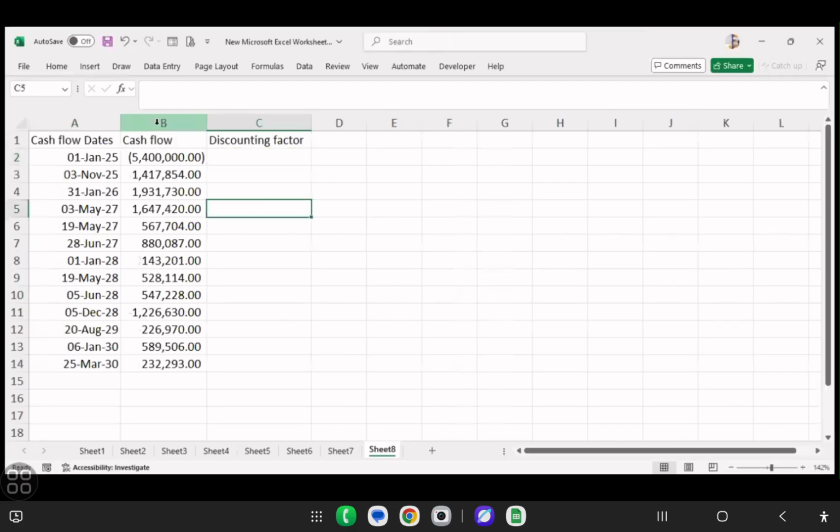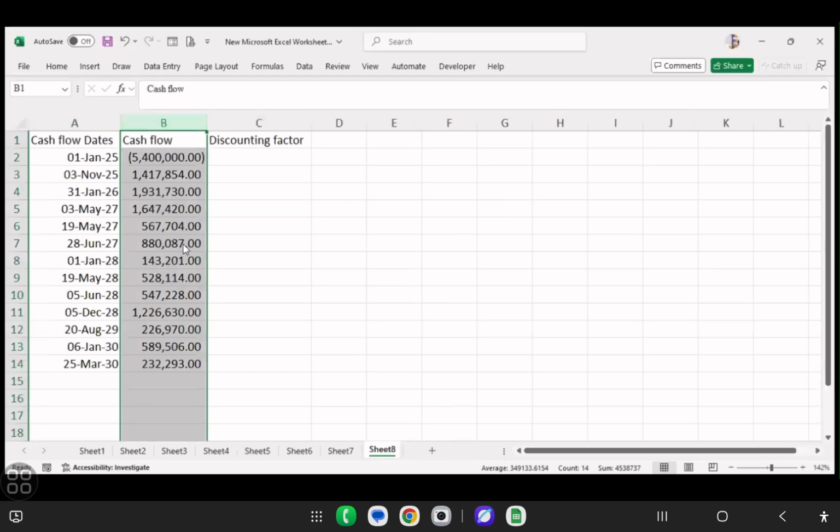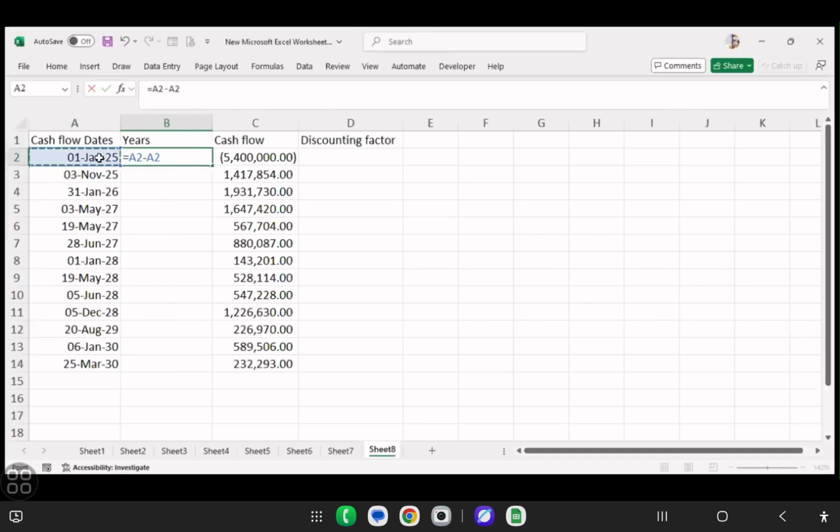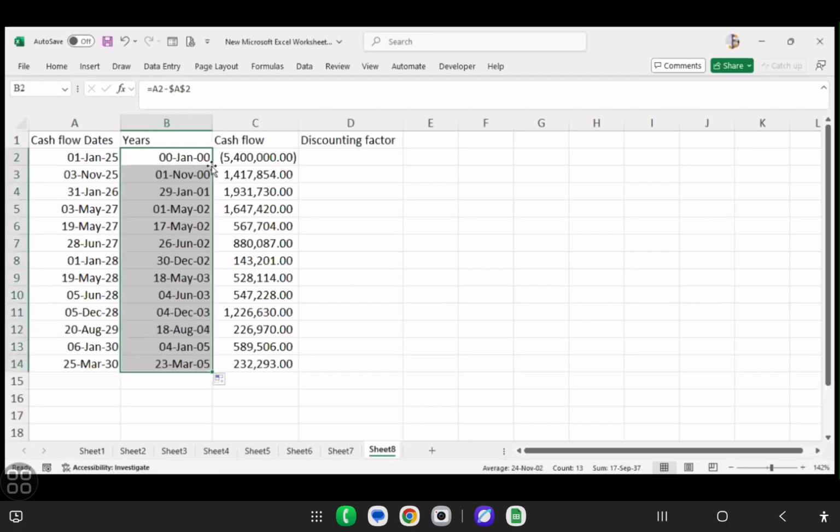Let me put it this way so that at least it can be clearly understood. These are the cash flow dates, then years. Years is equal to each date minus the year 0 date when we started.